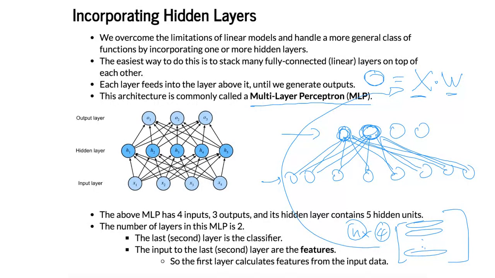If W has dimensions 4 times 8, what will be the dimensions of O? N times 8.